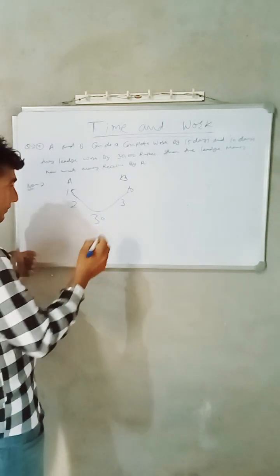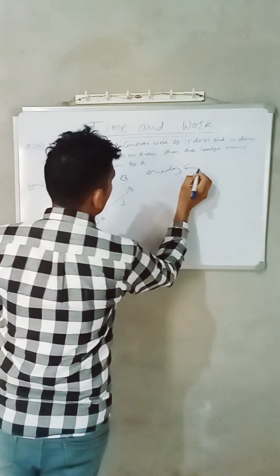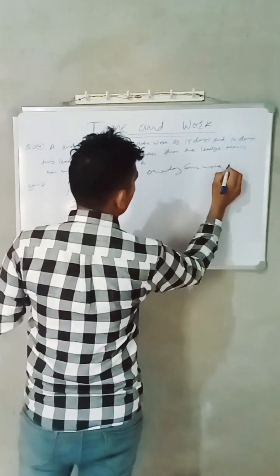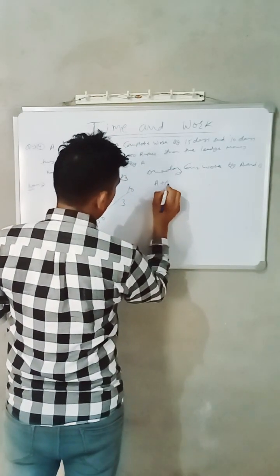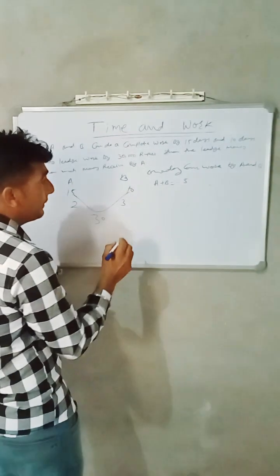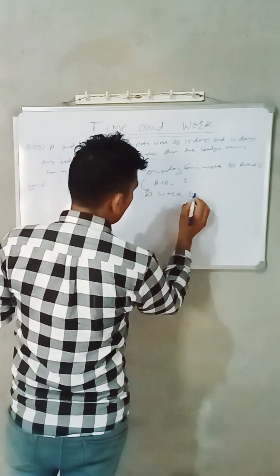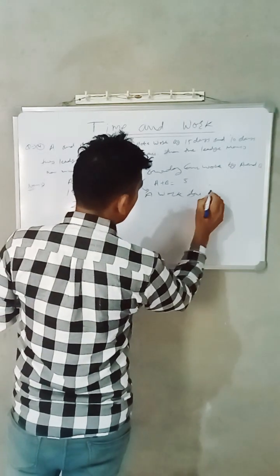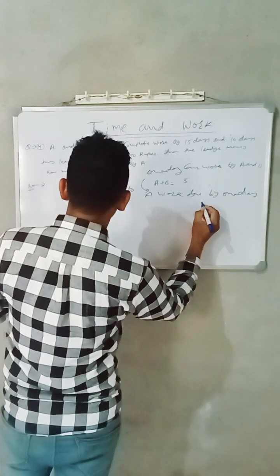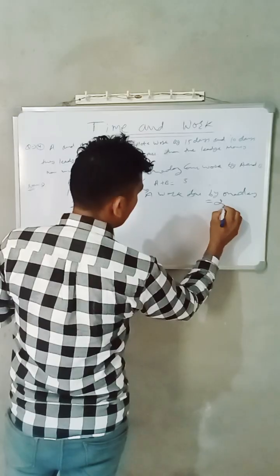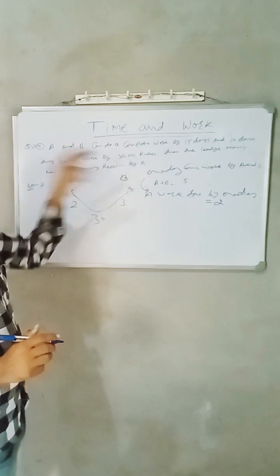Okay. 1 day of work by A and B: A plus B is equal to 5. And A's work in 1 day is equal to 2. So the total lease money is equal to 30,000 rupees.